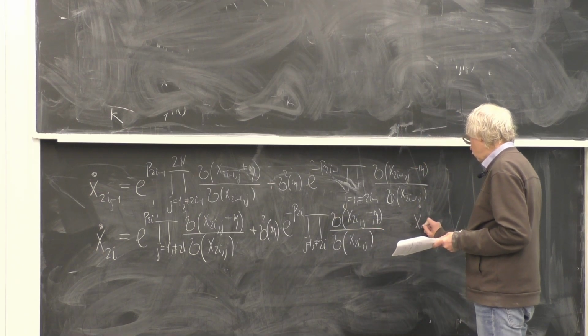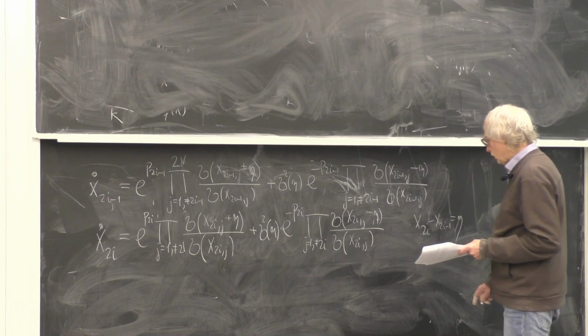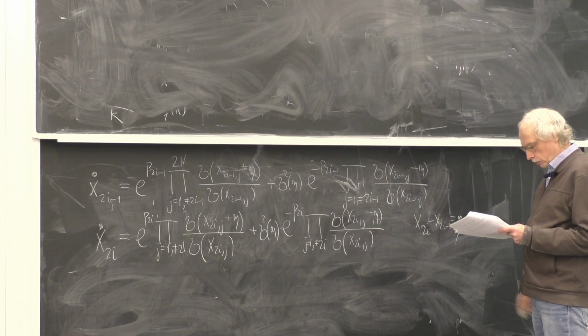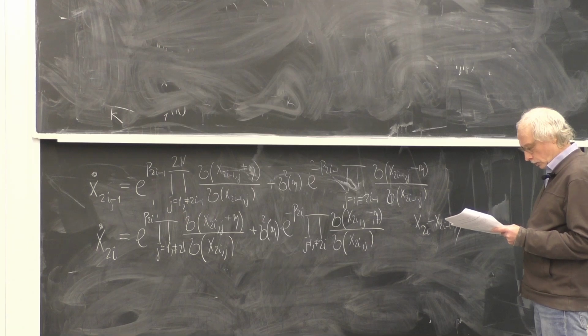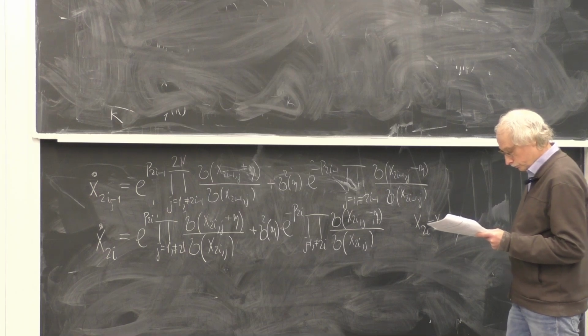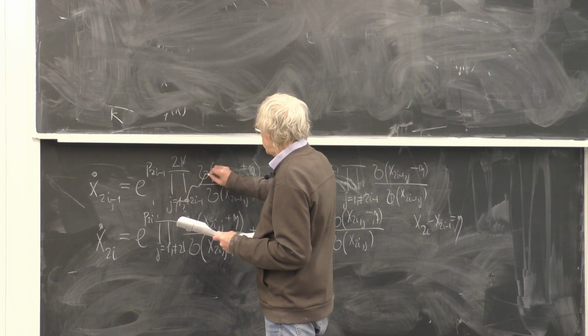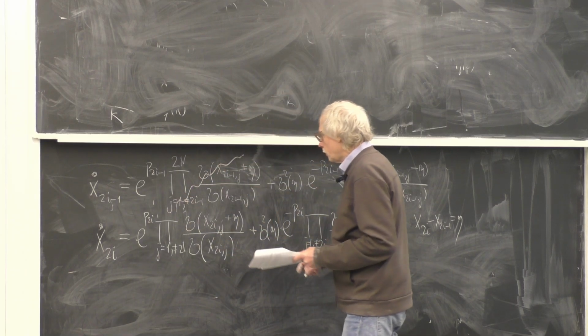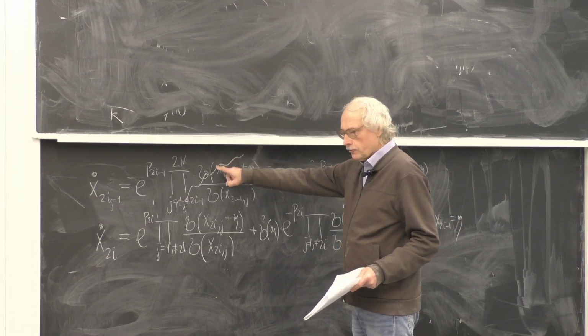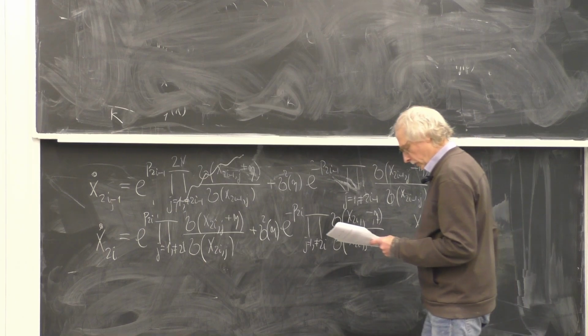If we impose the constraint that the distance between even and odd particle in each pair is equal to eta, then this term vanishes, because here we will have one multiplier equal to 0 under this constraint.